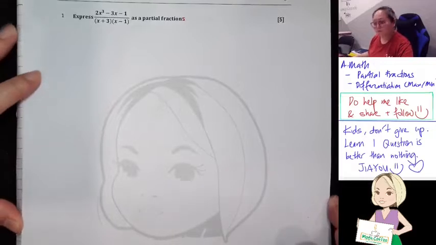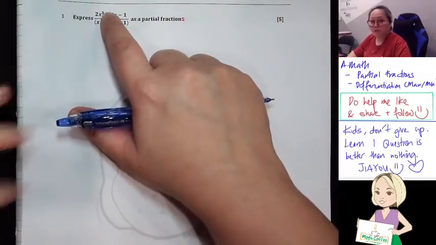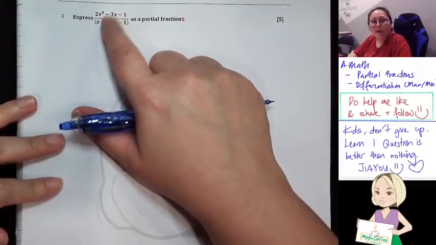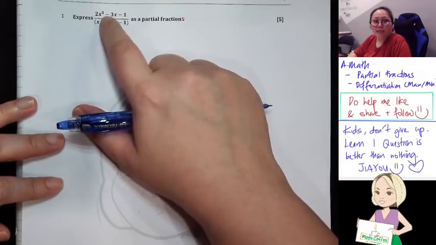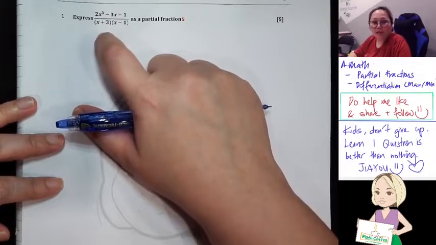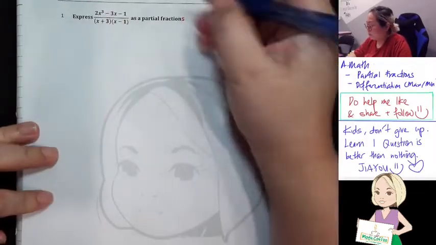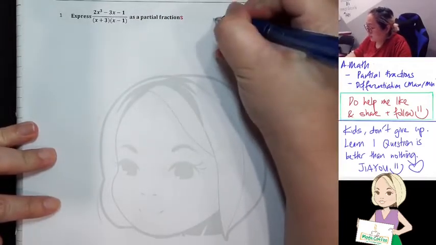Let's check the highest degree. My numerator highest power is 3. My denominator, if I expand, I get x squared. So you can see that the numerator degree is bigger than the denominator. So in this case, this is improper.